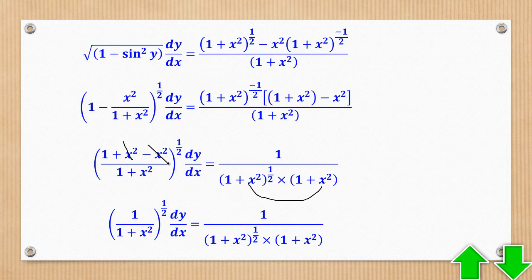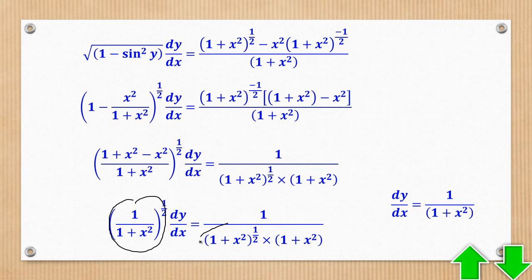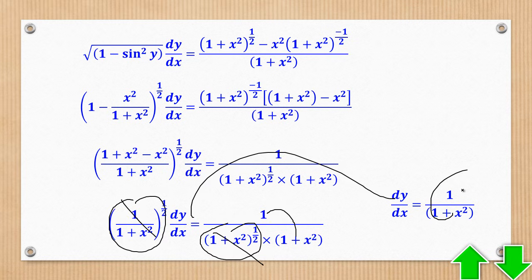For this side, this cancelled, remain with only positive 1 as the numerator. So here I realize that this cancels with this to remain with 1 over this. So dy dx will be equal to that.